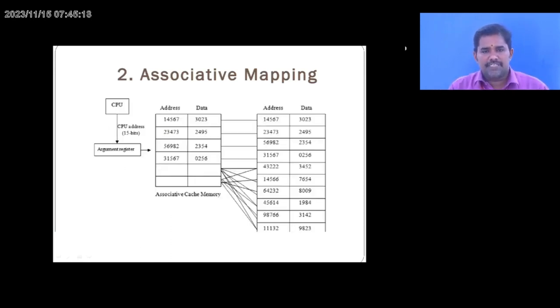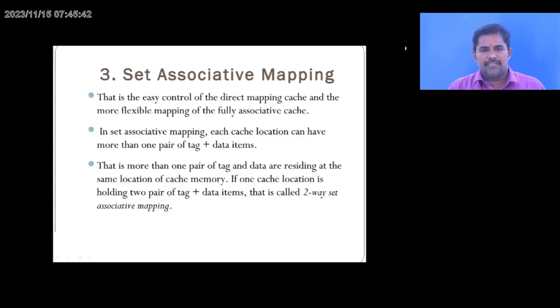The figure represents the associative memory, where the memory contents are associated with their address and data. The associative memory is connected directly to the CPU, and it has a field of address and data. From that, we can directly map the address position to cache memory.